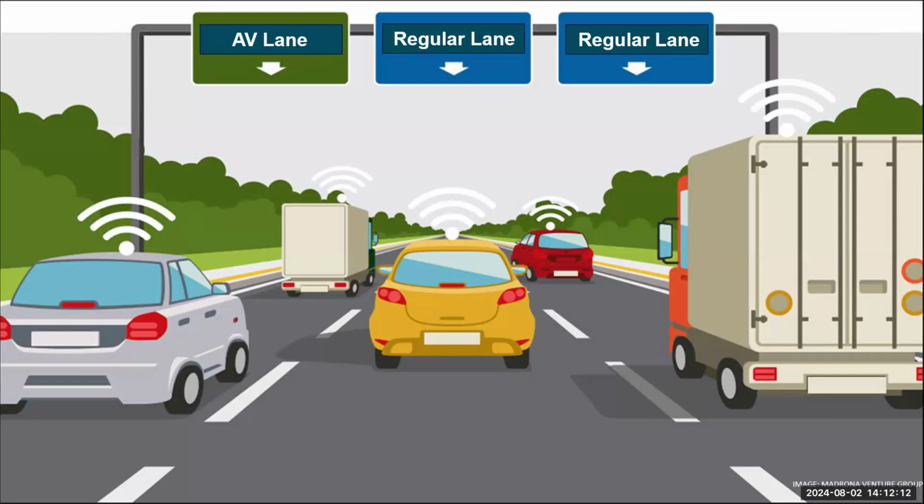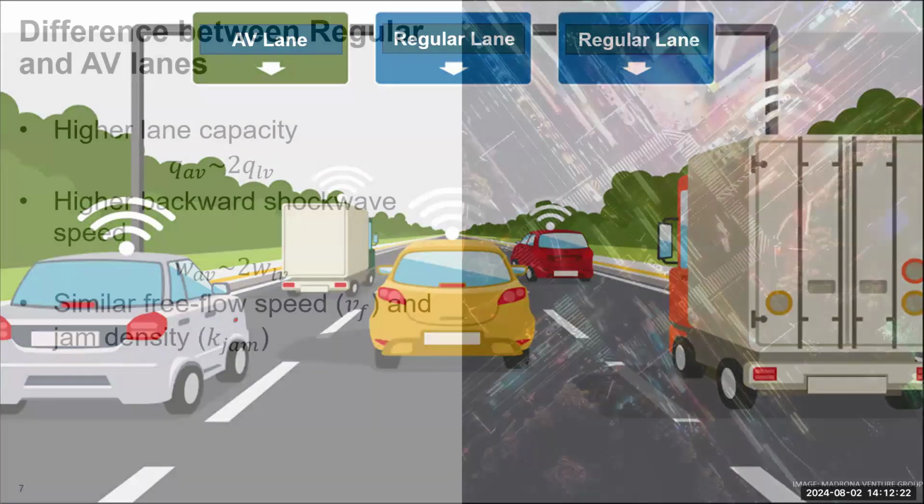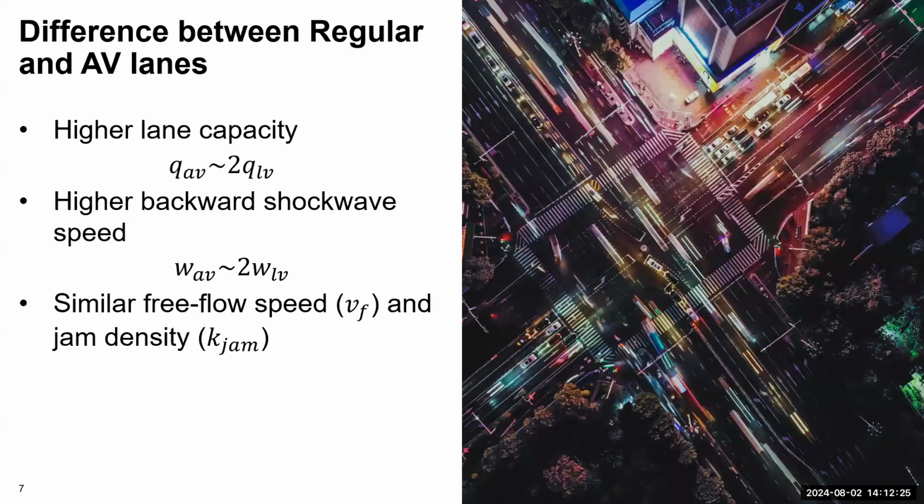So that was the construct, and the main difference between the AV lanes and the regular lanes was that there was higher lane capacity on the AV lanes.